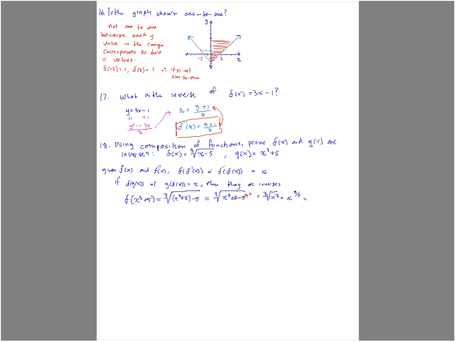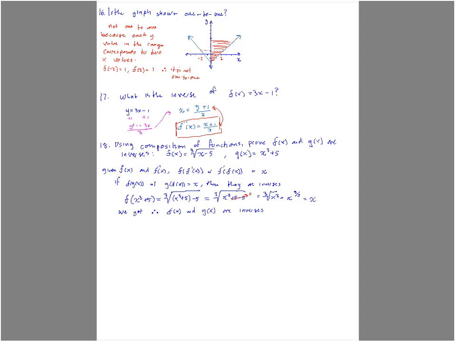And so that's just x to the 1, which is just x. So we got x, therefore f of x and g of x are inverses. Pretty straightforward.